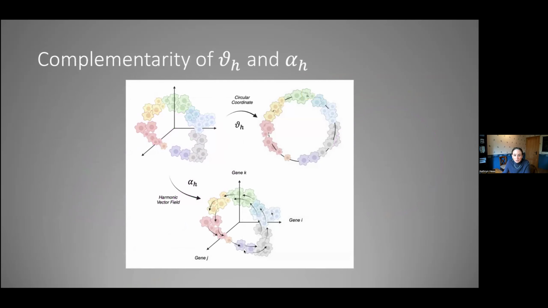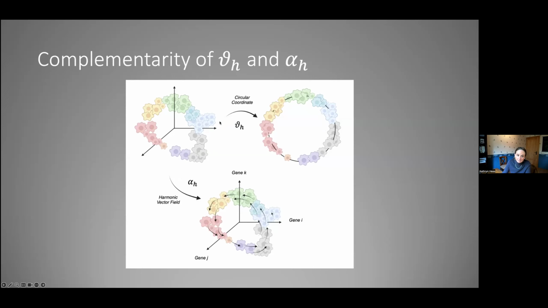If you go back to a cartoon like this, we have this complementarity between the circular coordinate and this harmonic representative of the circular structure. Here we can imagine we have our point cloud in 3-space, and with the circular coordinates, all the cells are colored by their phase along the circle.